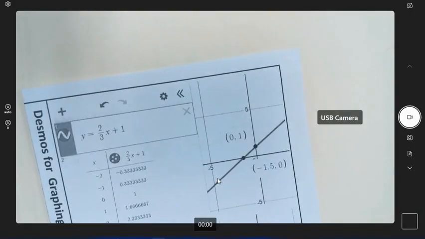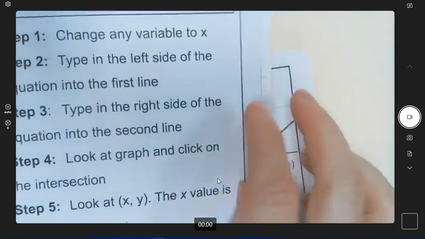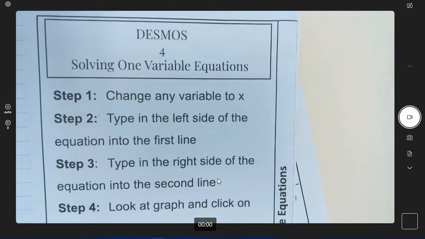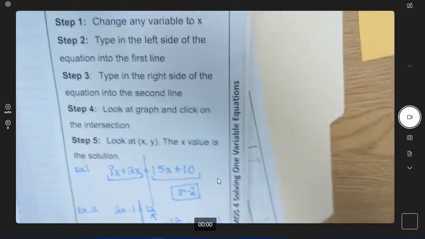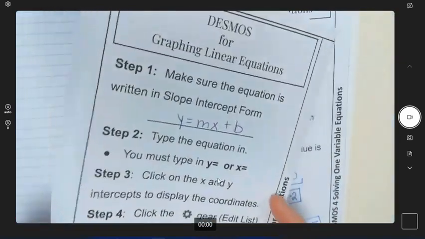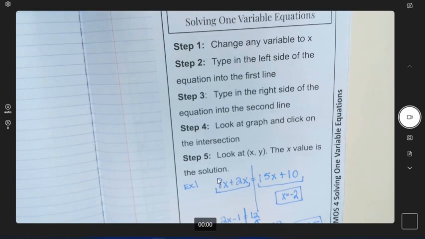These notes are going to go in the back of your journal where we put all the other Desmos activities or shortcuts. So everybody go to the very back where we have Desmos for solving one variable equations. You're going to put this one page to the left. So here's the last one.